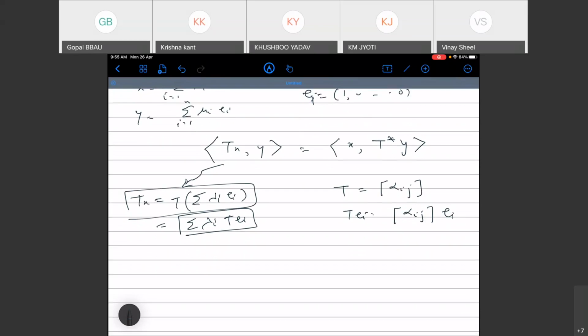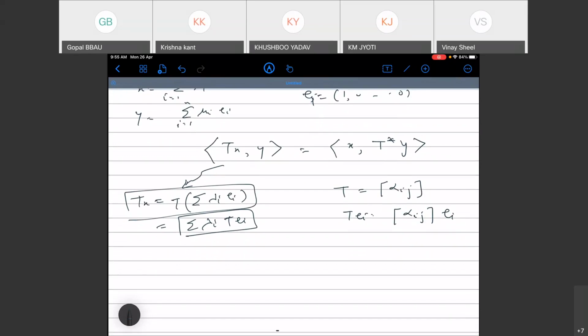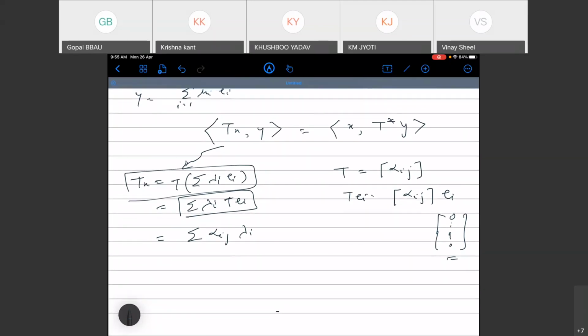So this means Tx will be summation alpha ij lambda i. So this ei is a vector 0 0 1 0 of this form. So you have this thing. Correct?